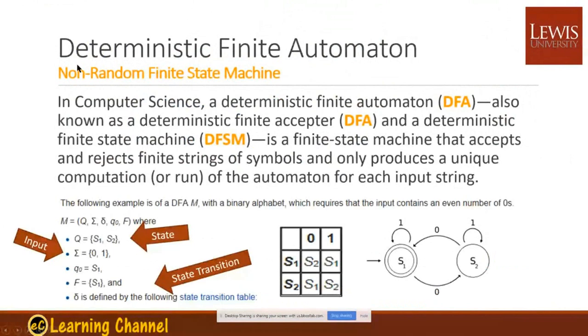Second, we try to have the knowledge of the DFA, deterministic finite automata. So from the tokens, we build a finite state machine to analyze the input language or file, whether it is accepted by the Java language or not.